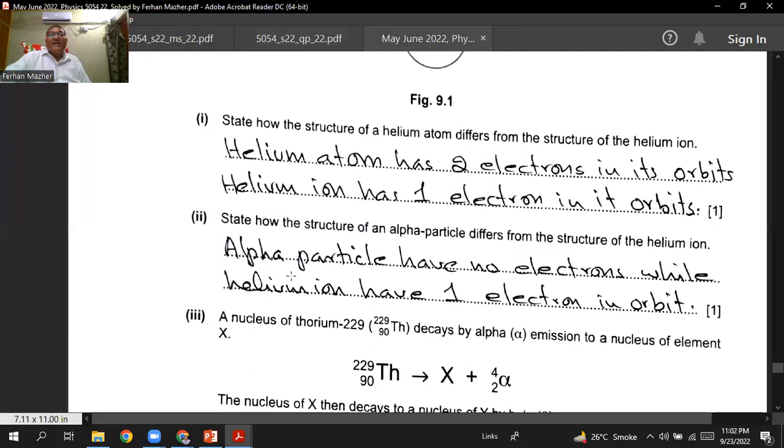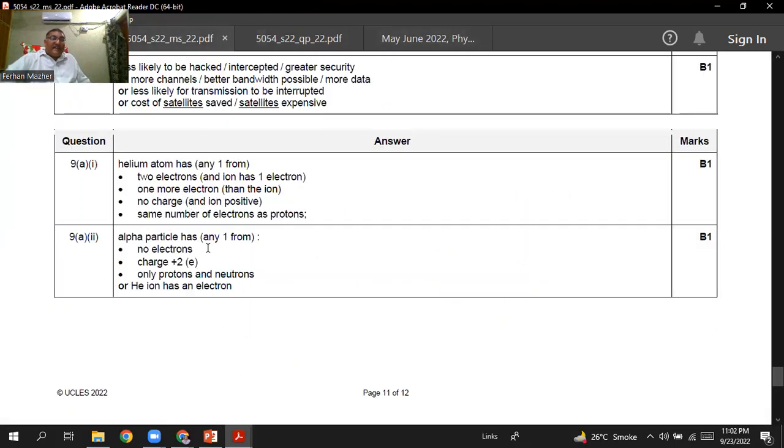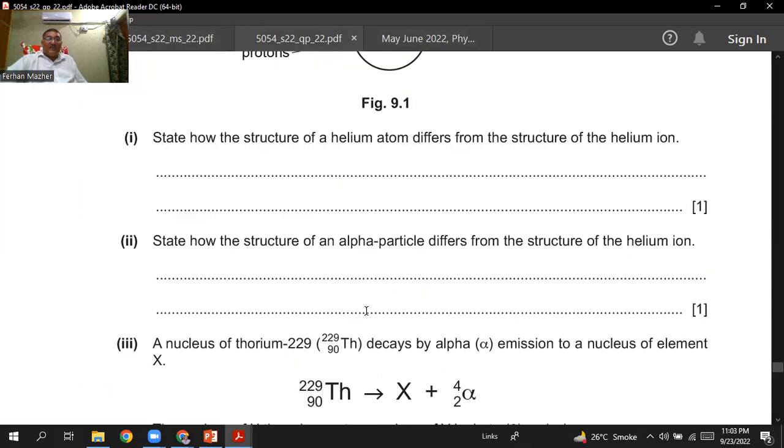So the difference between them is the electron. Alpha particles have no electrons, while the helium ion has 1 electron in its orbit. Okay, so this is the second part. No electron, positive charge. Yeah, that's also the difference.